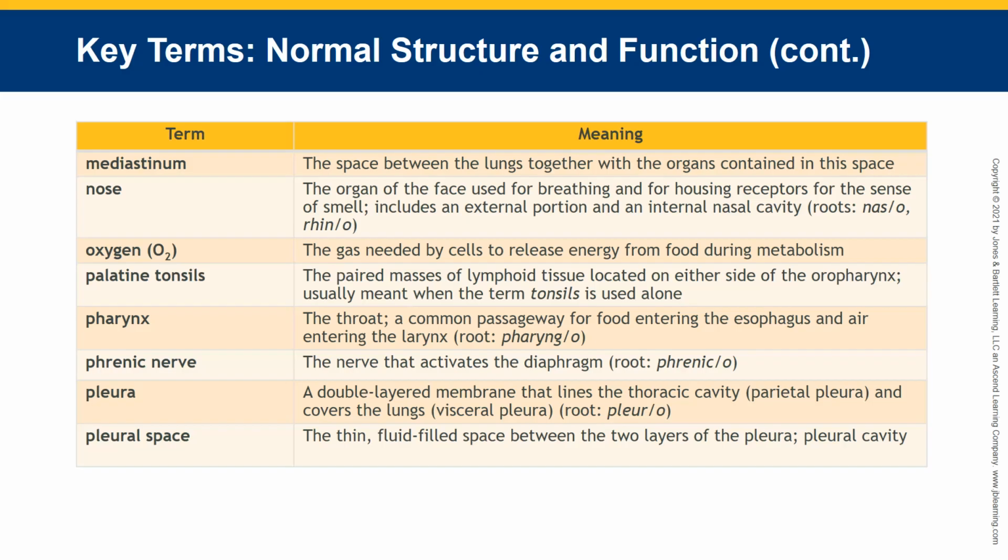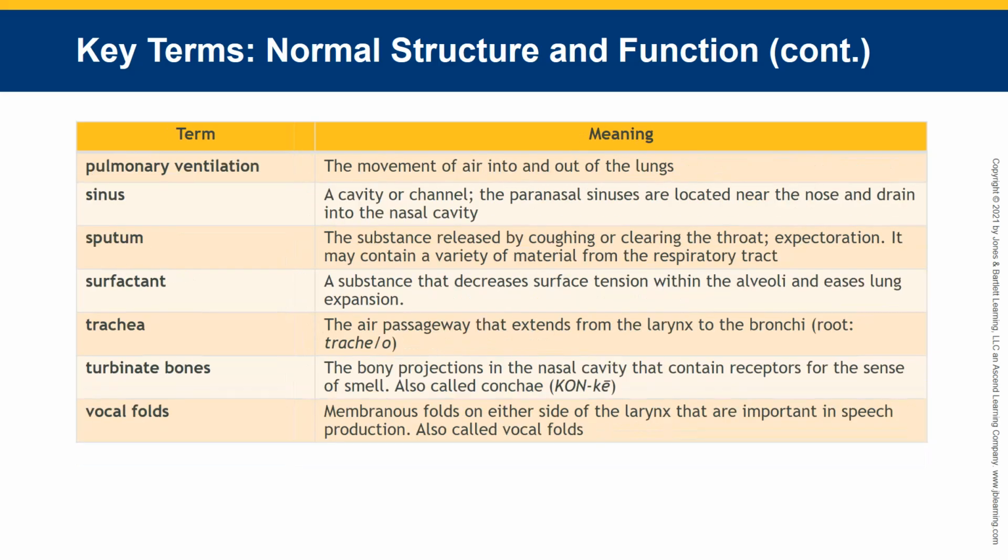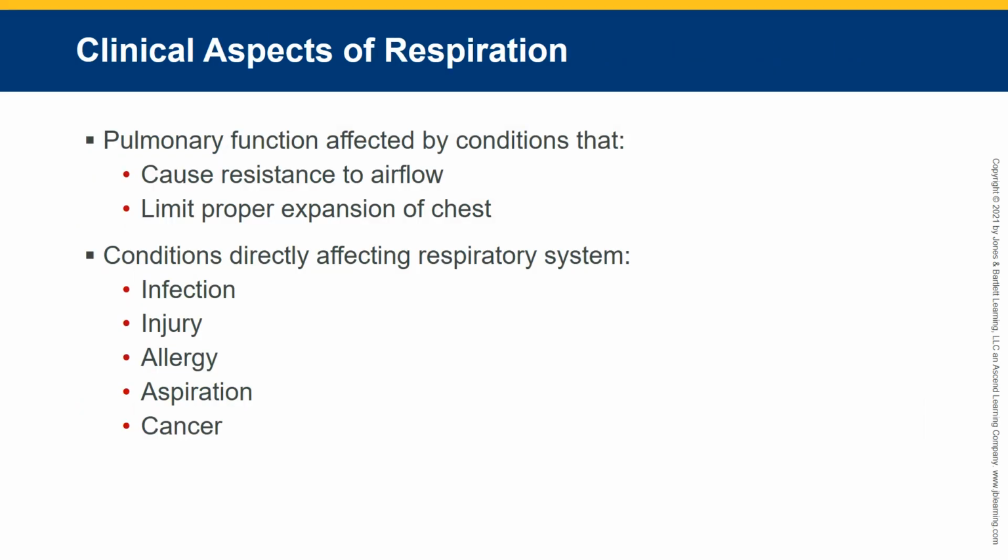Palatine tonsils, another little bit of lymphoid tissue. Phrenic nerve, pleural space, we talked about that. Ventilation, sinuses, sputum, surfactant. Trachea. Turbinate bones are bones inside of the nose that help with smell.